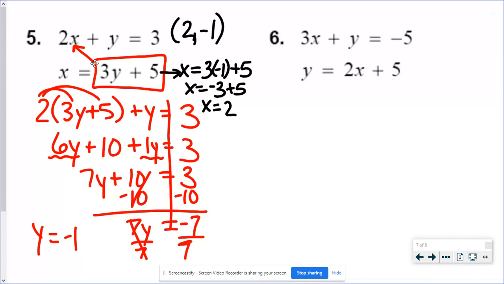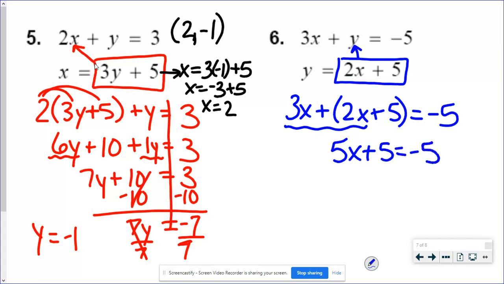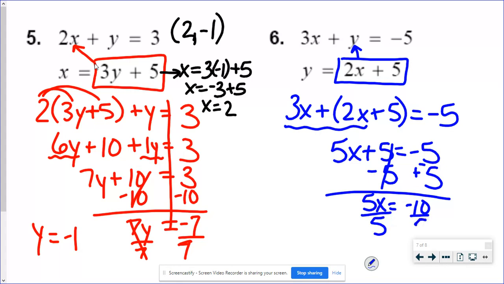And for my last problem, again, I have the y by itself here. This is going to take the place of the y. I'm still going to use parentheses, even though there's no distribution, just to be in that habit. So when I combine my x's, I've got 5x plus 5 equals -5. If I subtract this 5, I'll have that 5x equals -10, and x is -2.